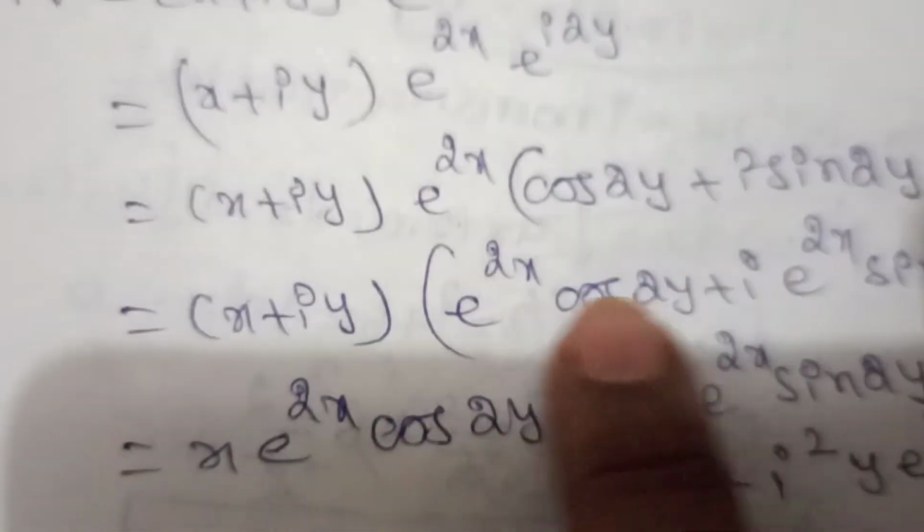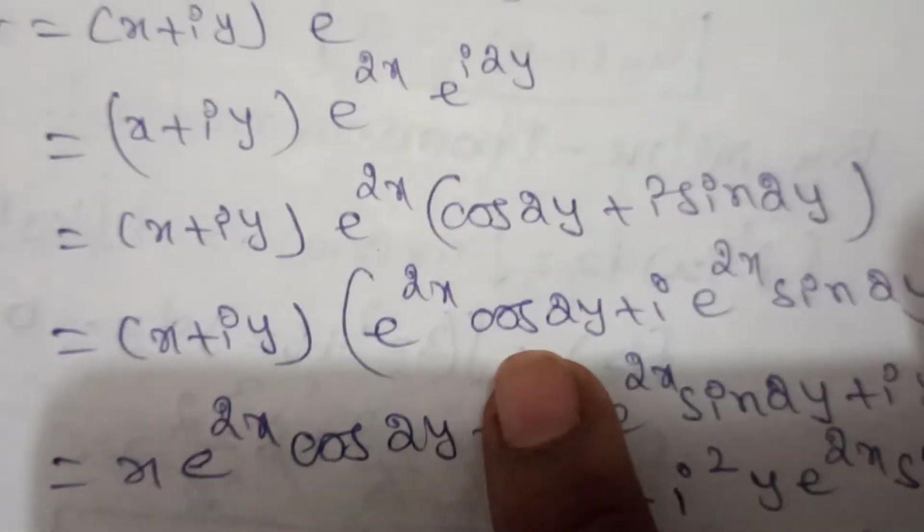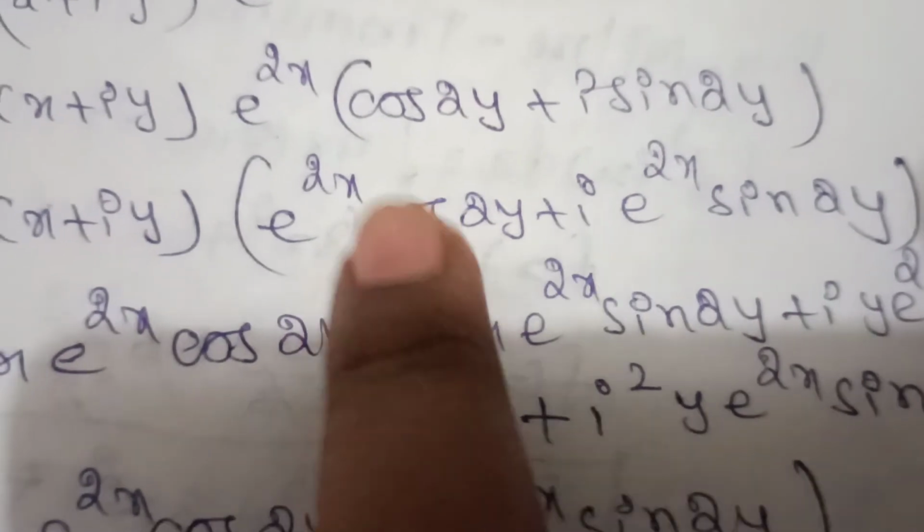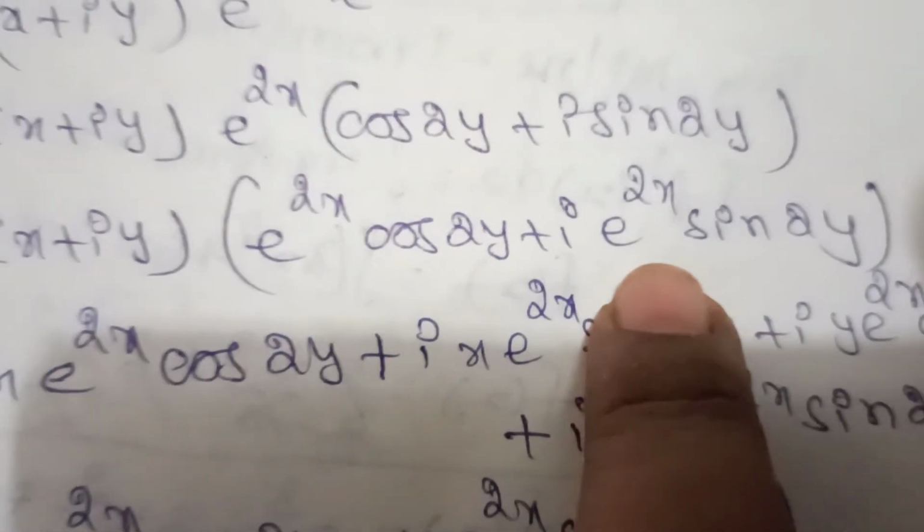Next, multiplying the outside value e power of 2x with the inside values, we can write e power of 2x into cos 2y plus i into e power of 2x into sin 2y.